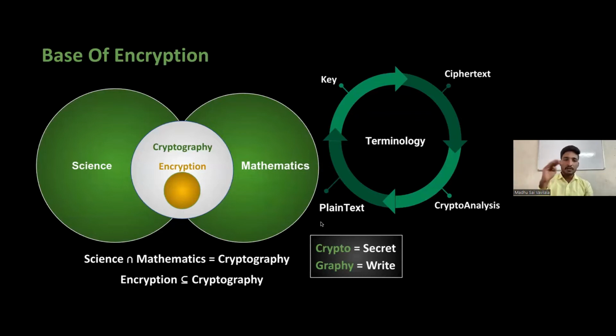Encryption is a subpart of cryptography. Cryptography is the science of secret communication in the language of mathematical algorithms. The word cryptography comes from the Greek word. Crypto means secret and graphy means writing. Adding cryptographic technology to database science is one of the landmarks in the history of database security.